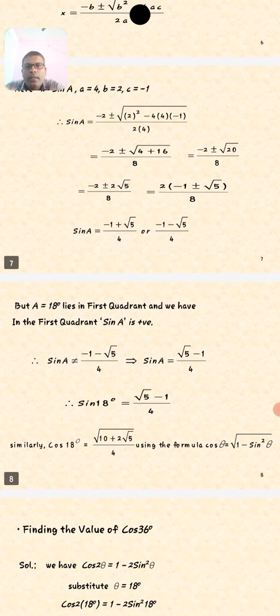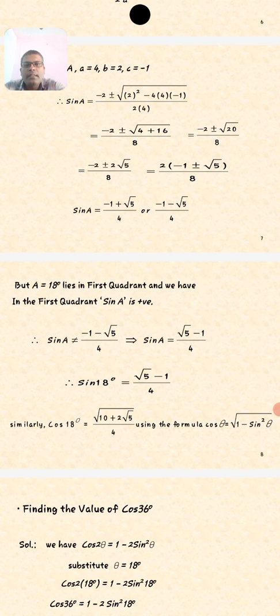But here a is equal to 18 degrees, which lies in the first quadrant, and in the first quadrant sin a is positive. We know that in the first quadrant all trigonometric functions are positive, that's why we take sin a as positive. Therefore sin a is not equal to (−1 − √5)/4.